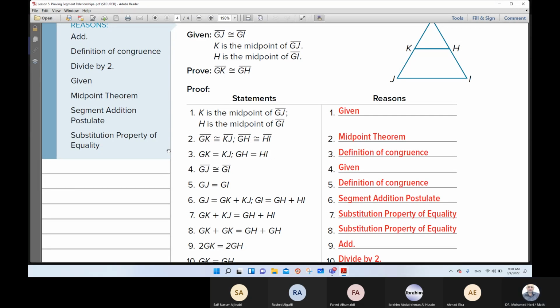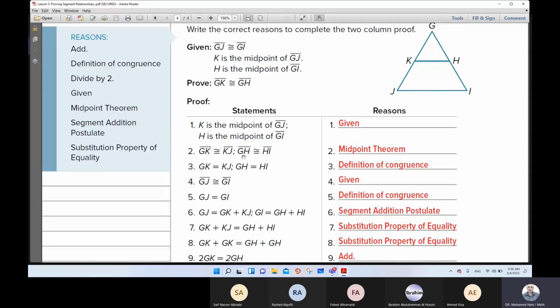So the second is the midpoint theorem. We can write segment GK equals or congruent with segment KJ, and segment GH congruent with segment HL. This is the midpoint theorem.